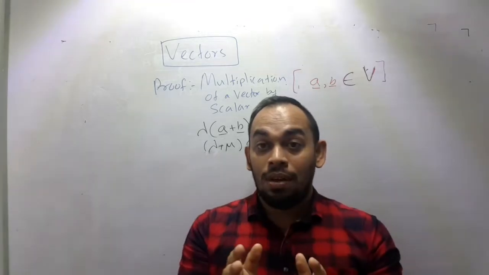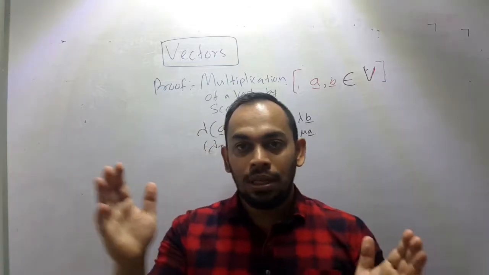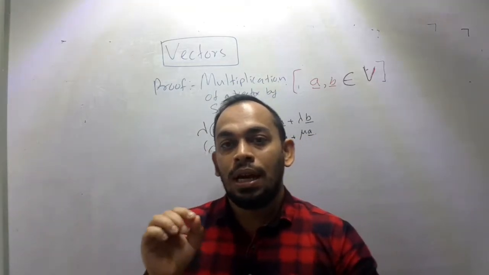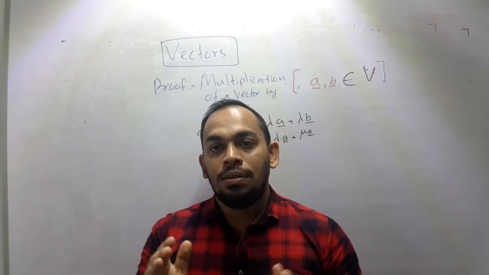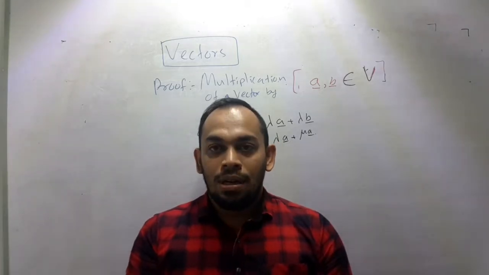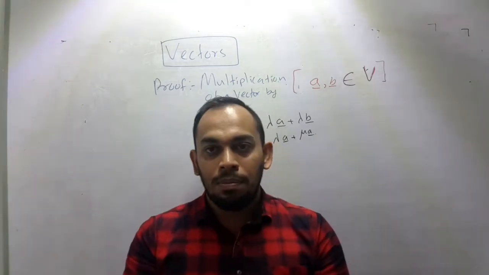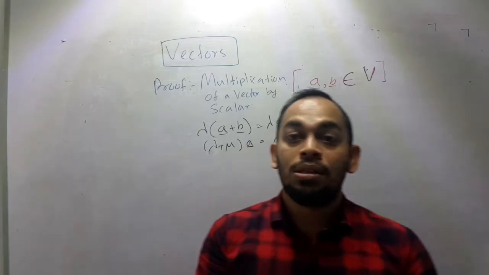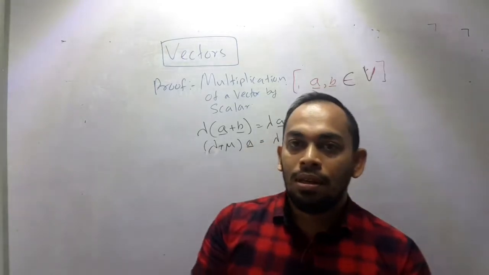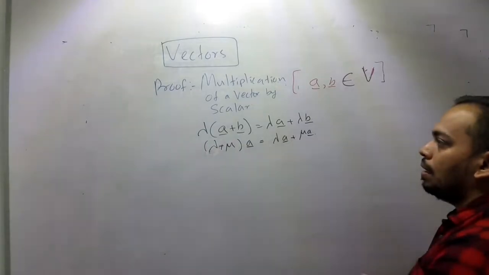Depending on the magnitude of the scalar, if the scalar is between 0 and 1, it will contract. If it is greater than 1, it will extend, right? If the sign is different, if it is negative, the same thing will happen magnitude wise, but the direction will change.